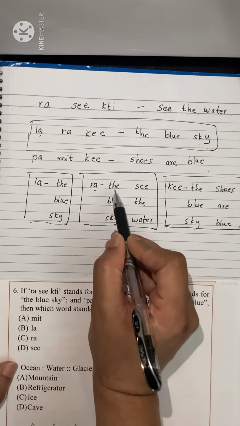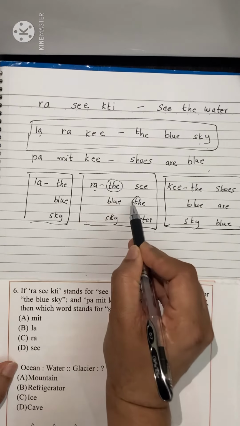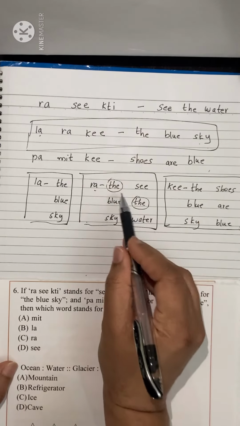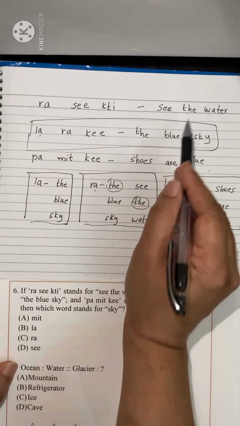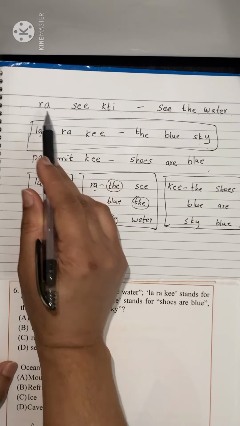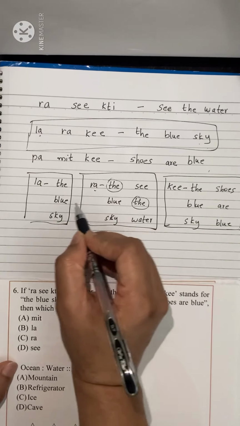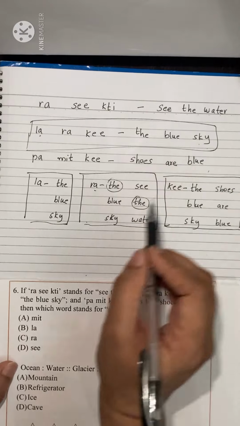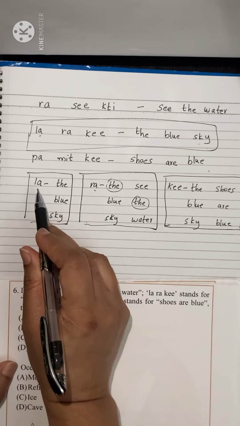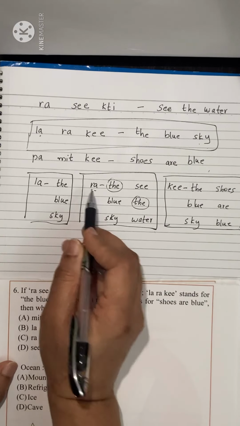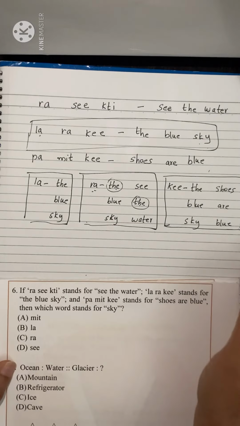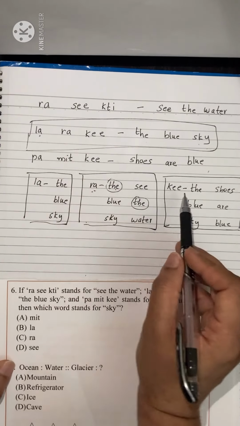But see, in both the lines the is repeating, and Ra is also repeating here and here. So sky is not possible, Ra will not be sky. It is the.